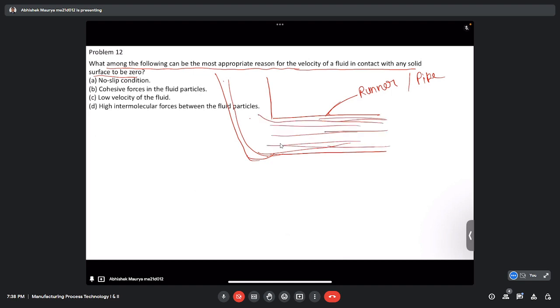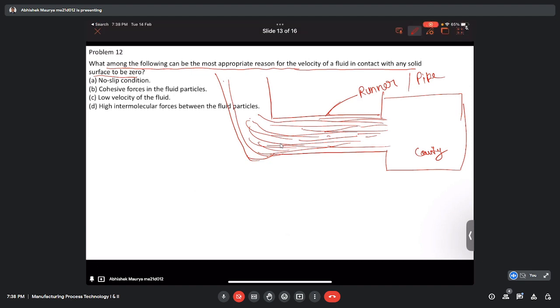It goes to the cavity. If we see the velocity profile of the flow, then it will come something like this. Wait, I will change the color.